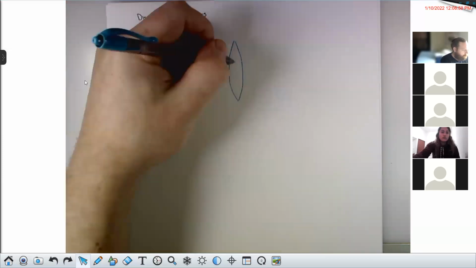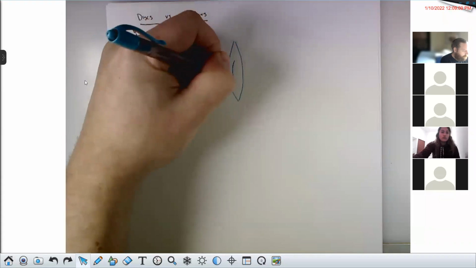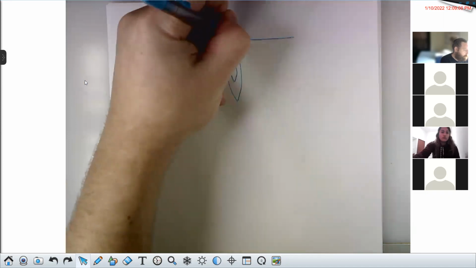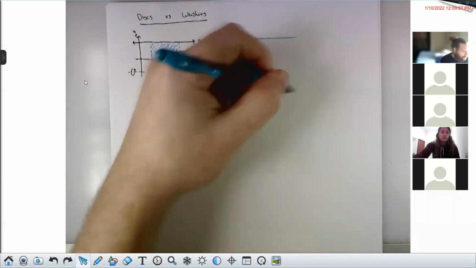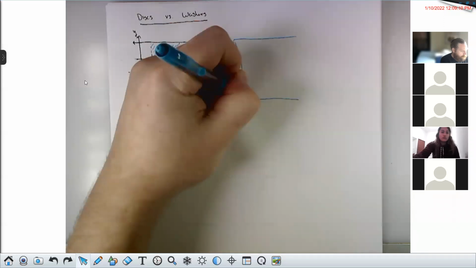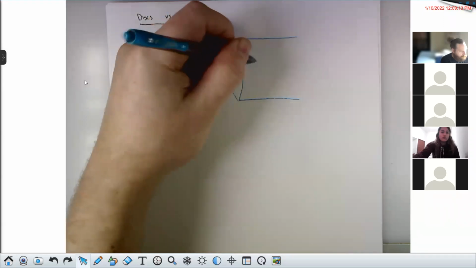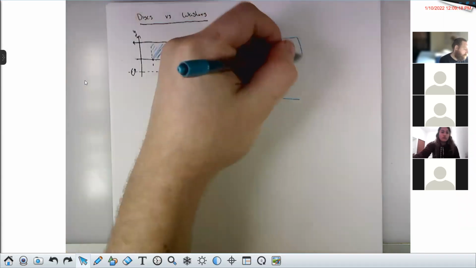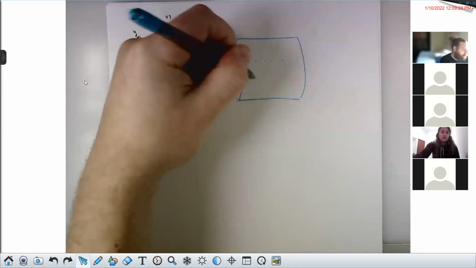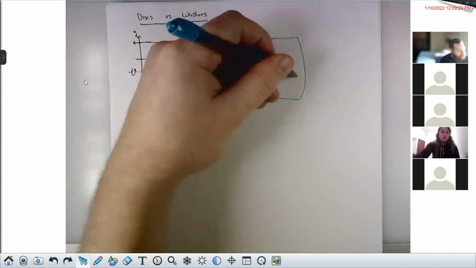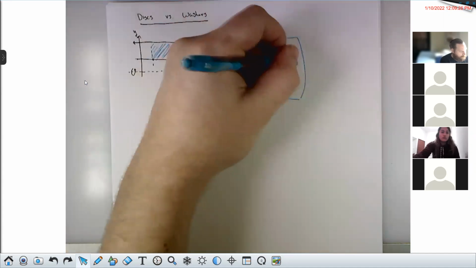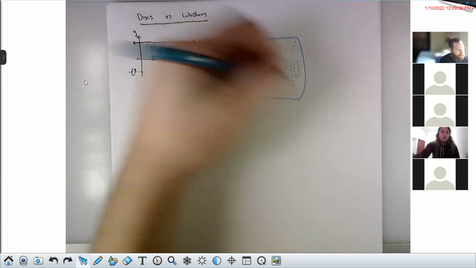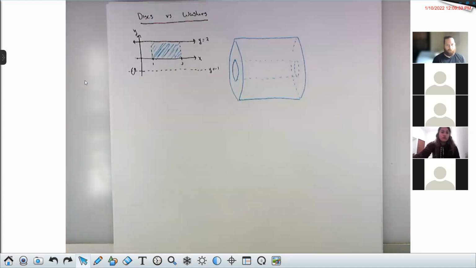So if I revolve that region around this axis, the shape I'm going to get this time has this hole punched out of it. Again, my art is not perfect, but you get the idea.